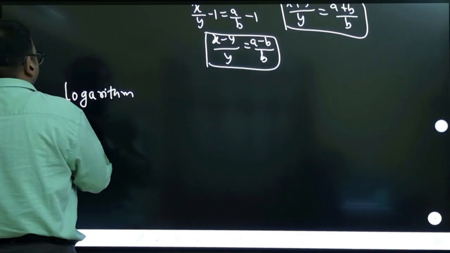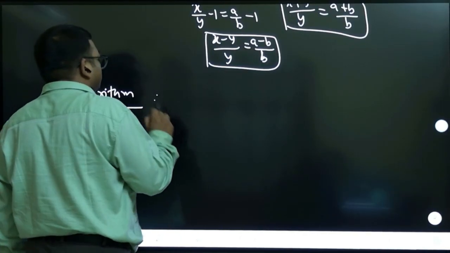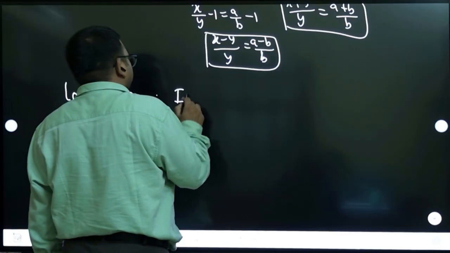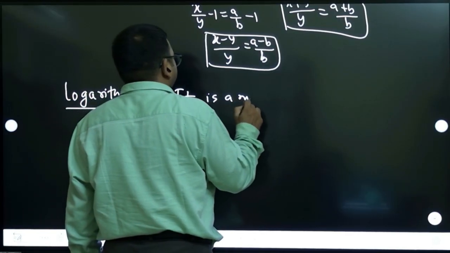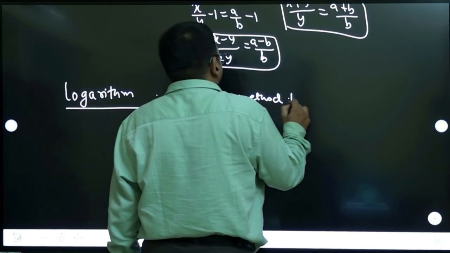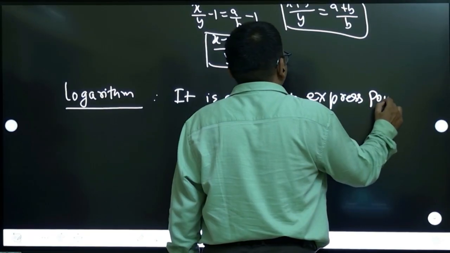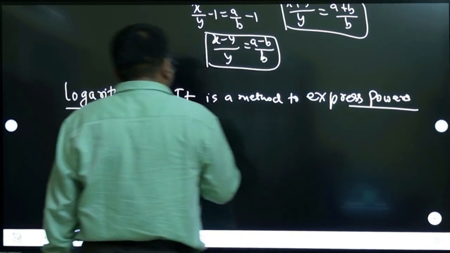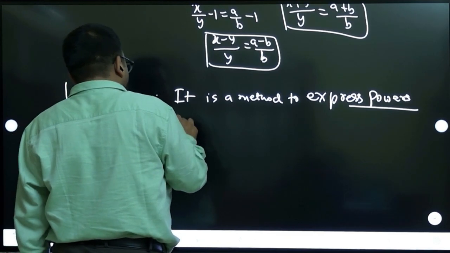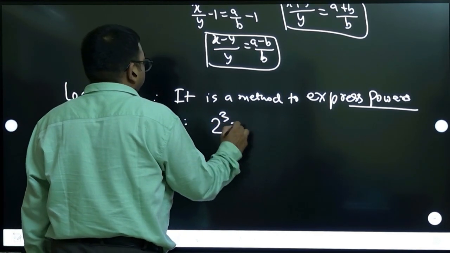this. Logarithm means what? Logarithm is a method to express powers. Example: let us say 2 power 3 is equal to 8.